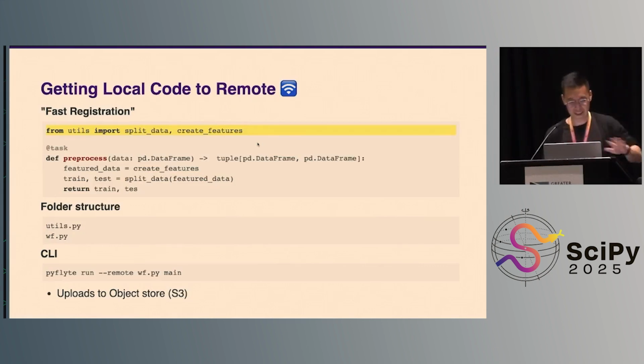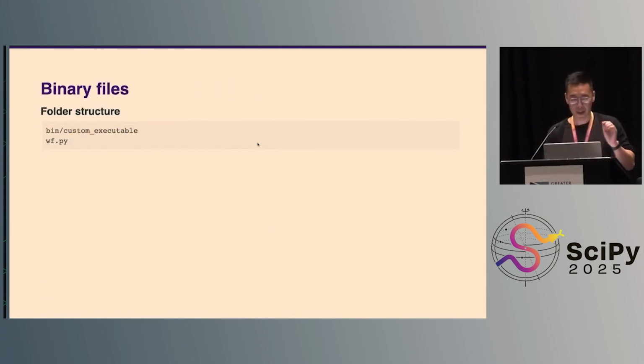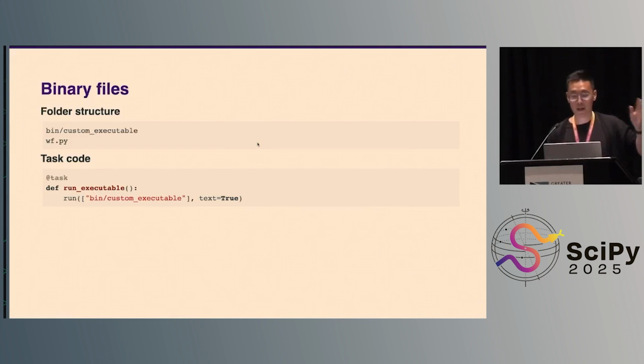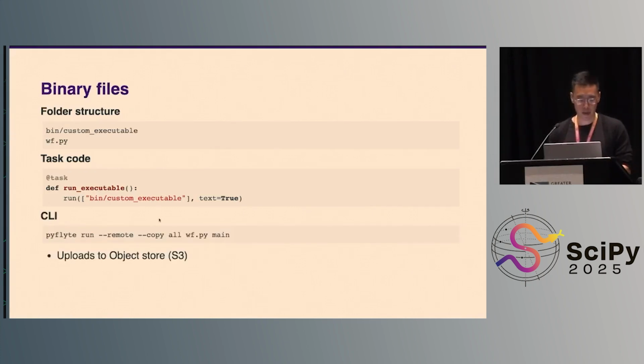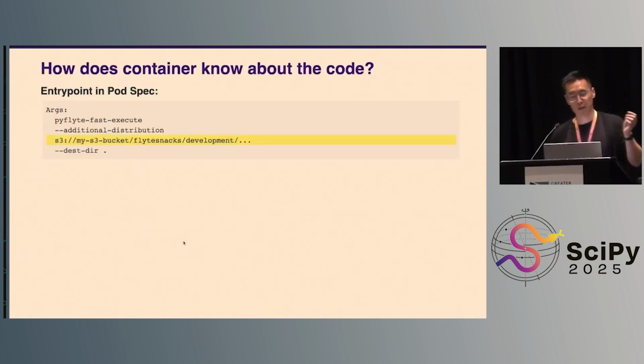If you have a binary file, let's say a custom executable that it builds, and your task runs the executable, then you have to specify copy all, and this also uploads it to object store. Now, how does the Kubernetes runtime know about these new files that you uploaded?